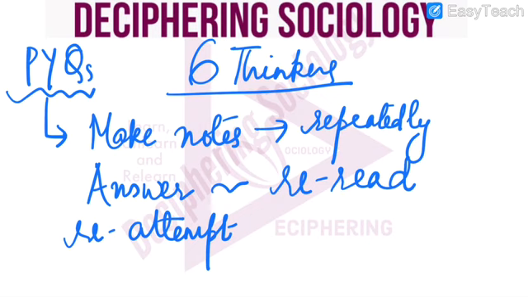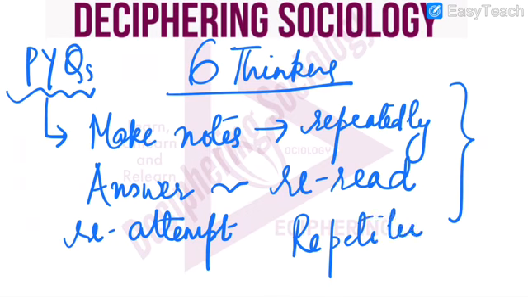So, the learning or sociological learning or revision is a process of repetition, or I would say repeating the same process again and again. So, this is something which we dislike, but we have to start liking this process. Only then will we conquer our syllabus.